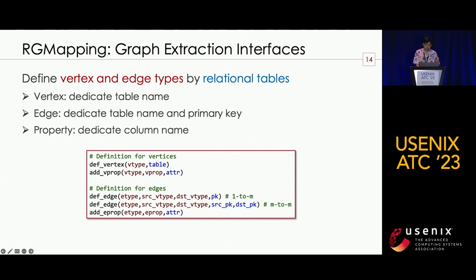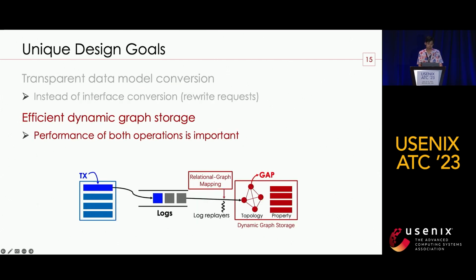And the property storage corresponds to a column in the table. Overall, this approach allows for transparent conversion between relational and graph models. Users do not need to rewrite their queries and can reuse their existing requests.